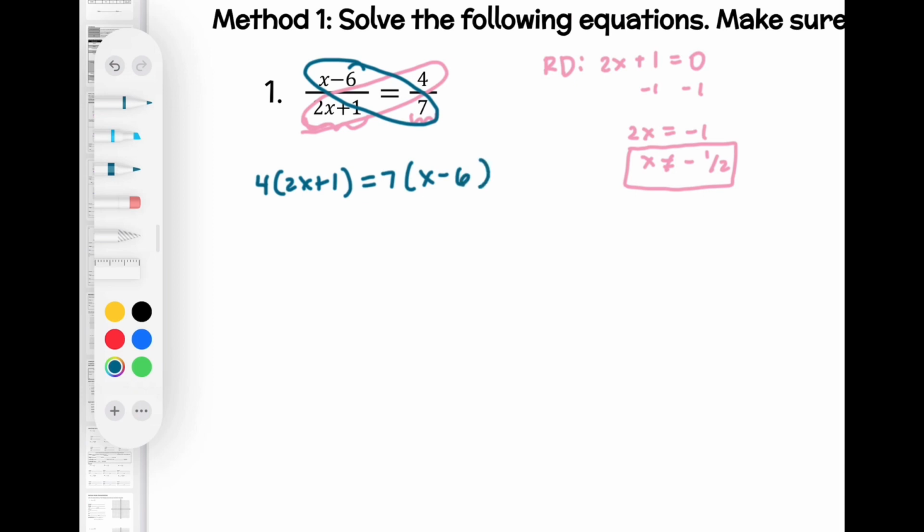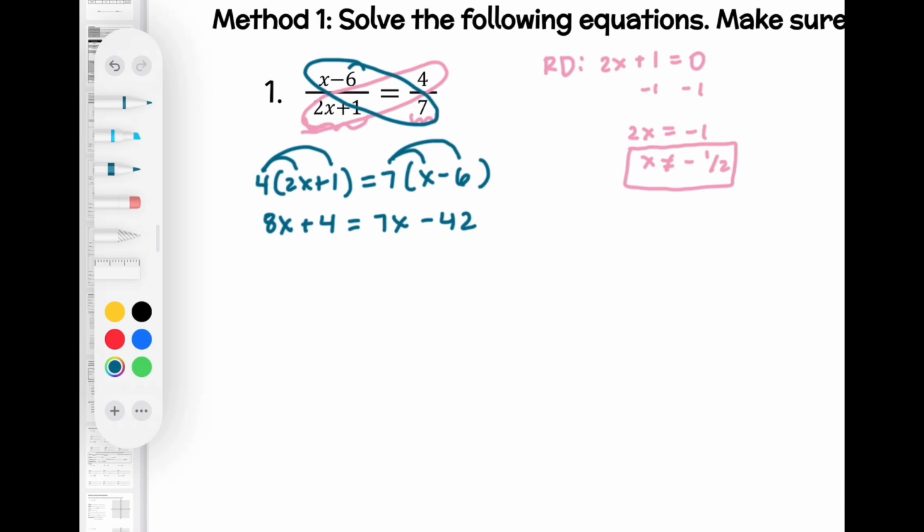Always write it out like this first so you know that you need to distribute. So we multiply 4 times 2x, which gives us 8x, and 4 times 1, which gives us 4. On the other side, 7 times x is 7x, and 7 times negative 6 is negative 42.